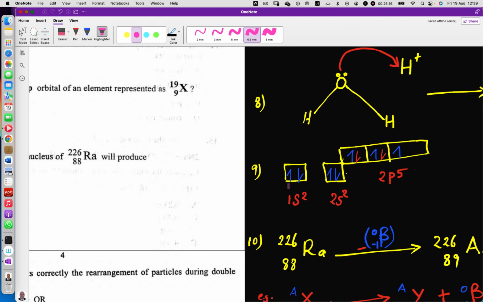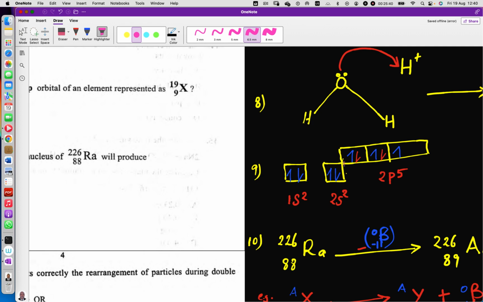So we are going to write for 9 electrons. The first energy level is 1s2, so we fill it with 2 electrons. Now we go to the second energy level, that is 2s and 2p. For 2s, we must first fill the first 2, as I told you in Hund's principle.